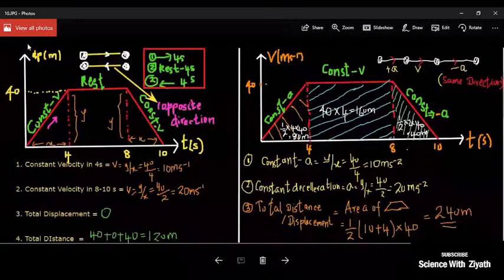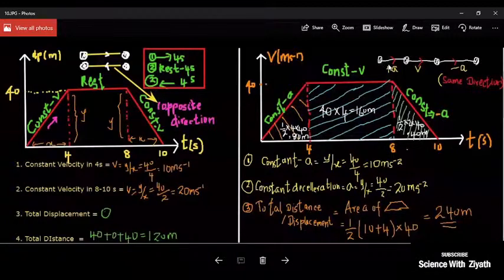In the displacement time graph, this is constant velocity in the opposite direction. Look at this picture, it comes back again. I was talking about this one. And here, when it comes back in the velocity time graph, this is constant negative acceleration. Negative acceleration is called deceleration.